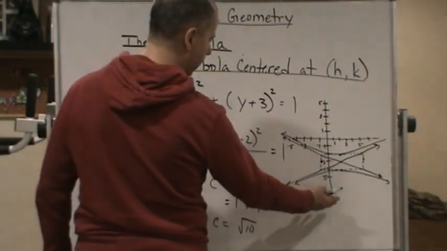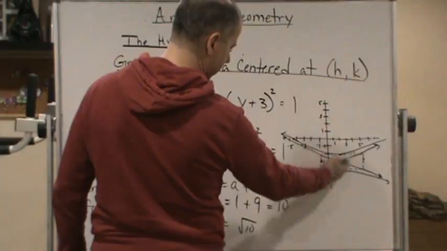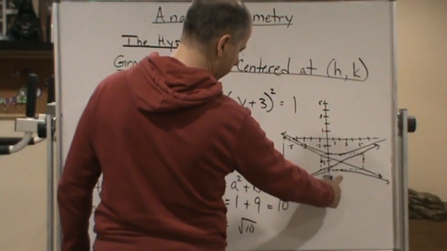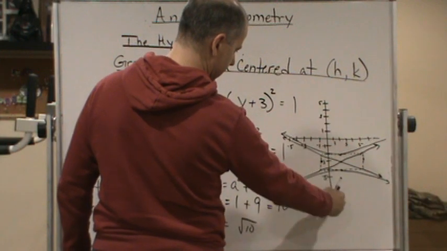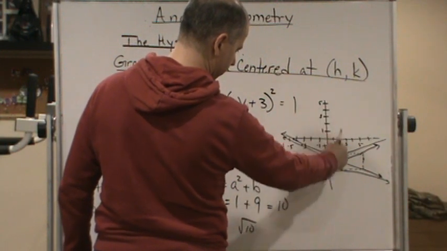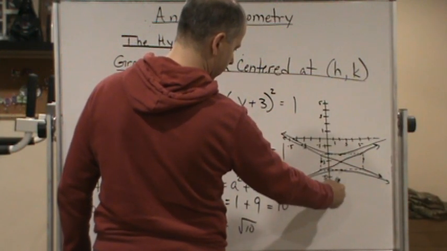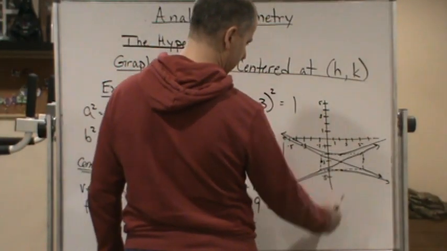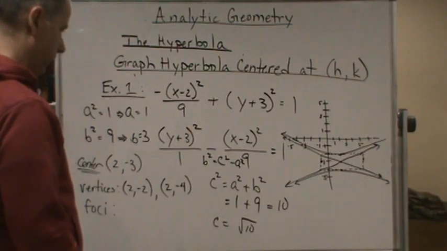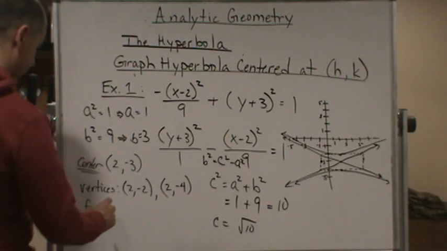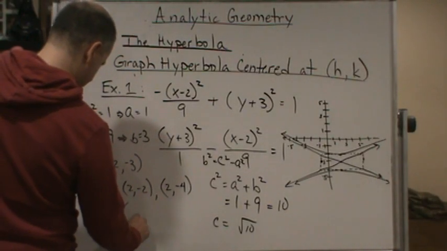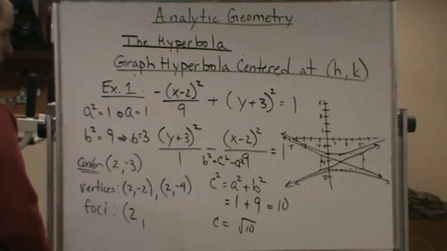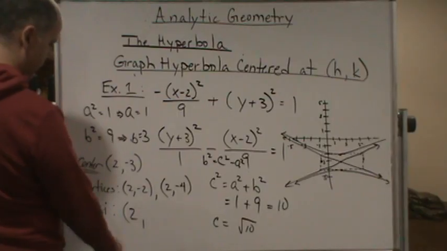Well, the foci, again, are located on the vertical symmetry that goes through the center and the vertices. So that means the foci are going to be on the same vertical, right? Which means it's going to have the same x value.